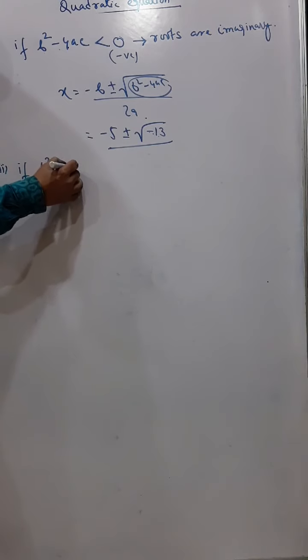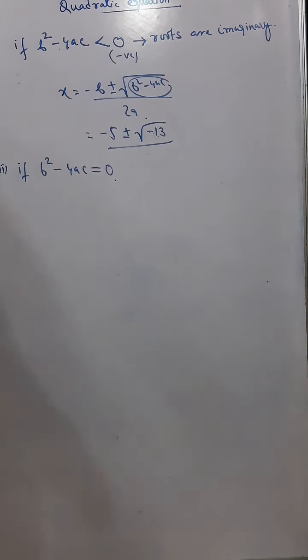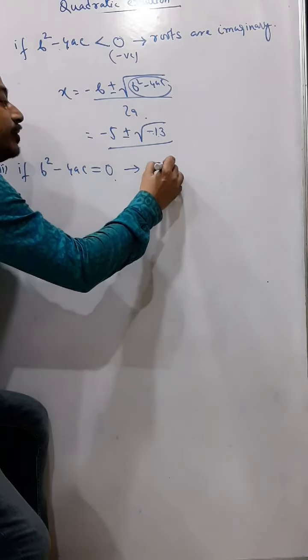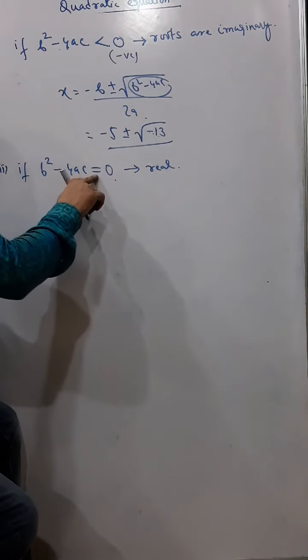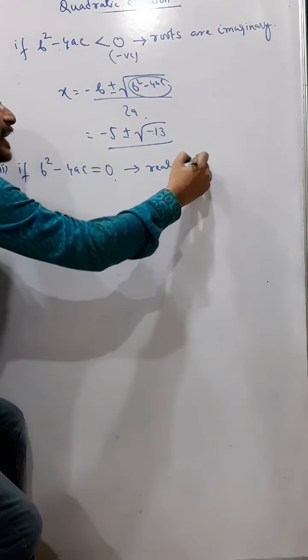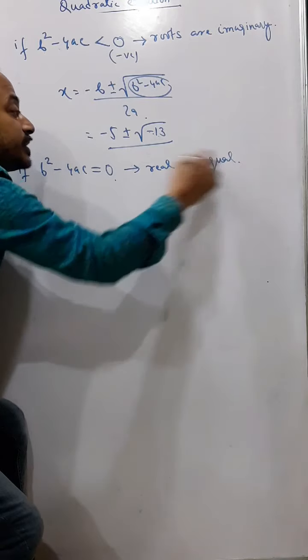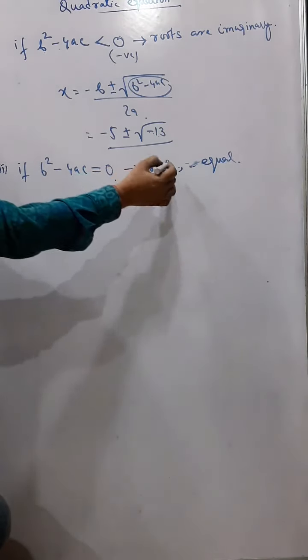Okay. Similarly, next one, if b square minus 4ac is equal to 0, then the roots will be real, and the roots will be equal also. If b square minus 4ac is equal to 0, the roots will be equal.